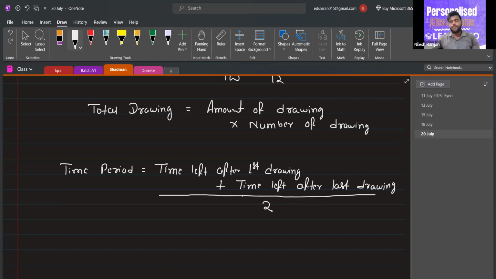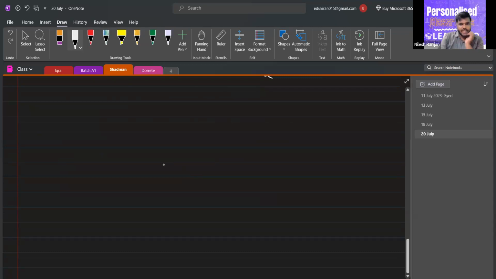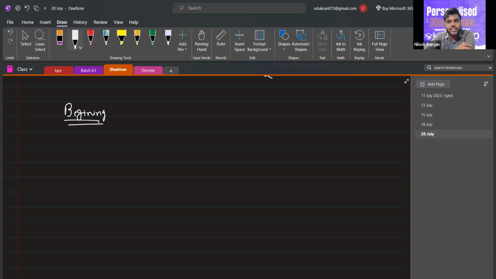So what does it mean? Let's take beginning of the month. If we are withdrawing the amount in the beginning of each month, and the year starts from 1st April to 31st March, or let's take 1st January to 31st December.